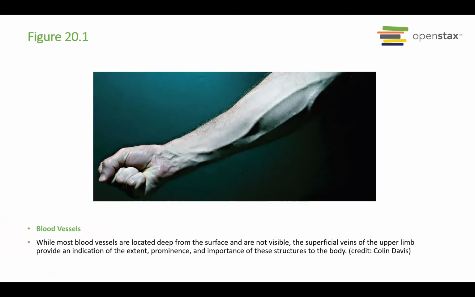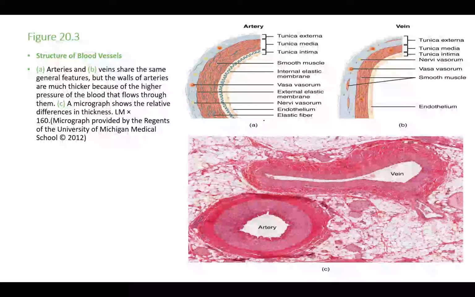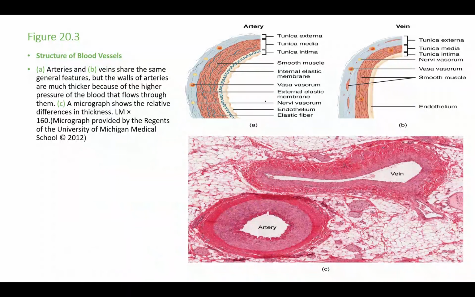this is just showing us that you are actually able to see the blood vessels under the skin. Mostly the ones that look like this are veins. Now, if we compare the structure between the artery and the vein, we will be able to see clearly that the artery has a bigger muscle over here.